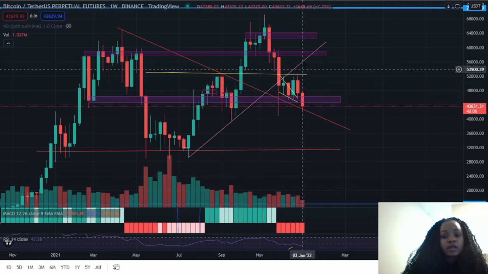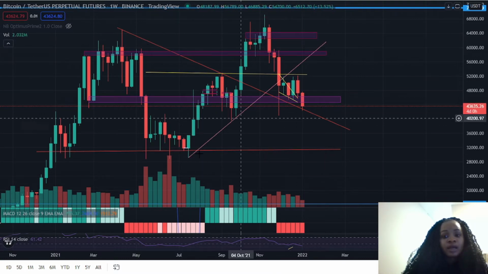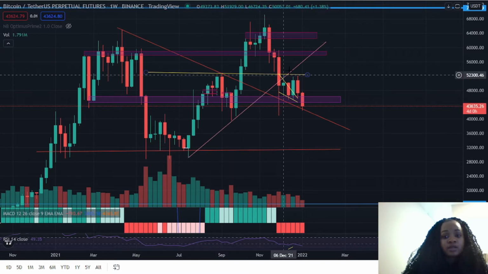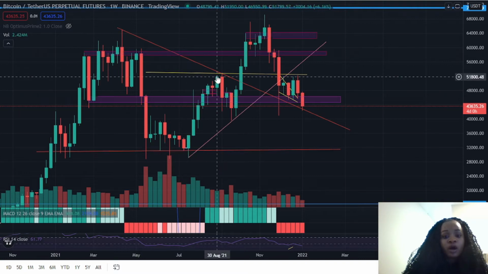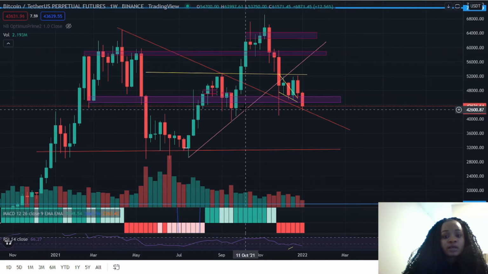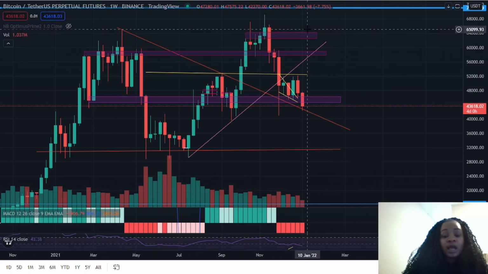So this line that I drew right here is signifying the uptrend. If the candles just keep going up and then touching this line, then this uptrend will continue to be valid.